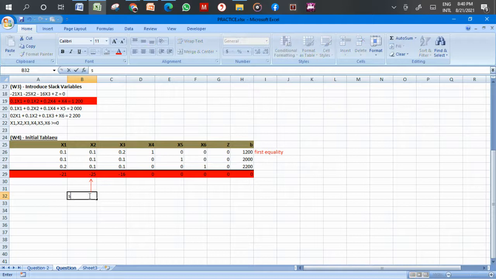It could be 0.1, it could be anything there, but we don't know for sure which one exactly.